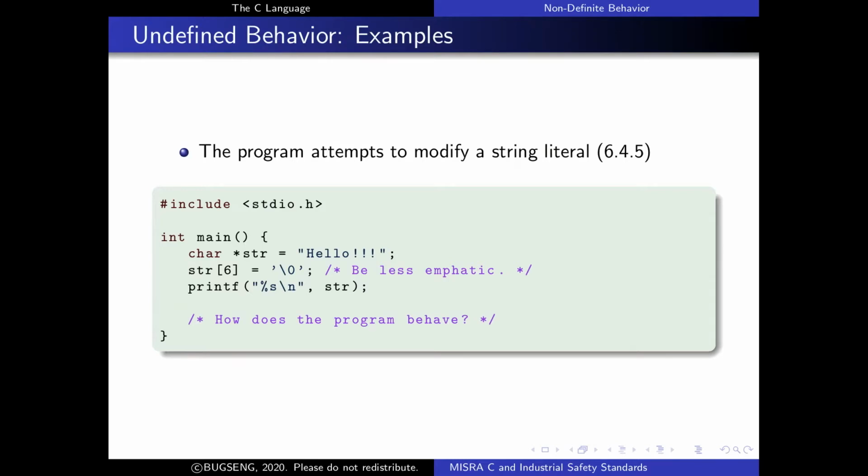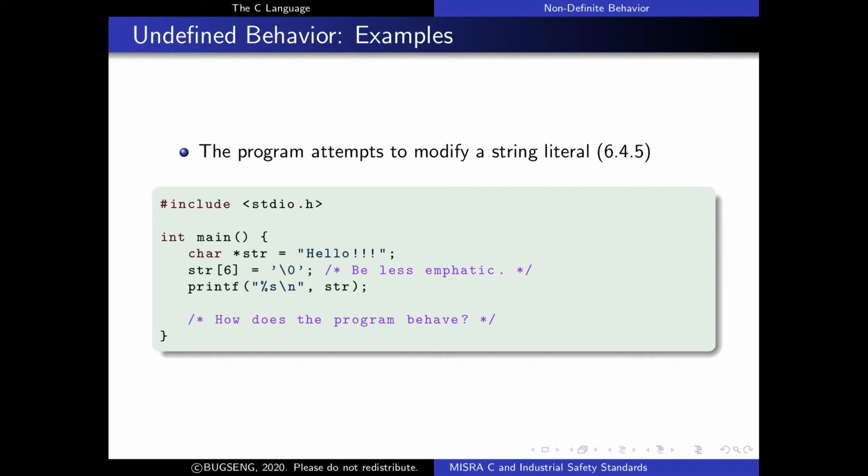It is undefined behavior when a program attempts to modify a string literal, so a constant of type string. So here we have an example. We have a string literal, hello, with 3 exclamation marks, and the smart programmer believes, okay, I will be less emphatic.